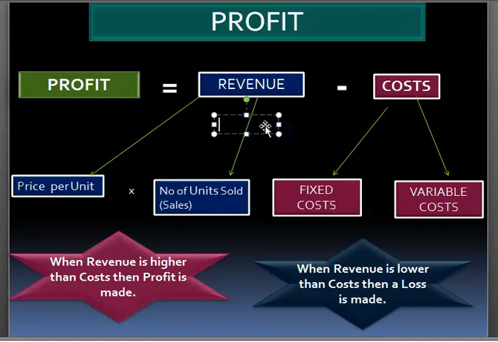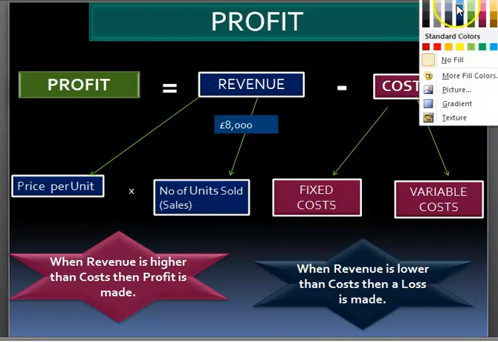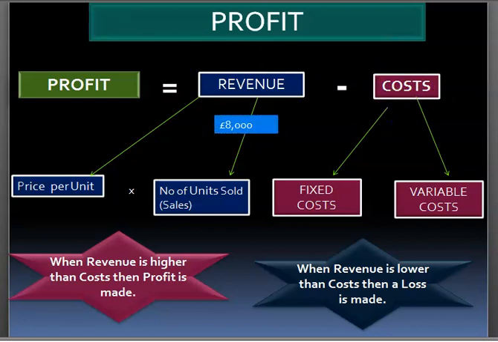Let's say the company received from sales £8,000, and the company spent £5,000 to make all its productions, to produce whatever it is producing, let's say computers.